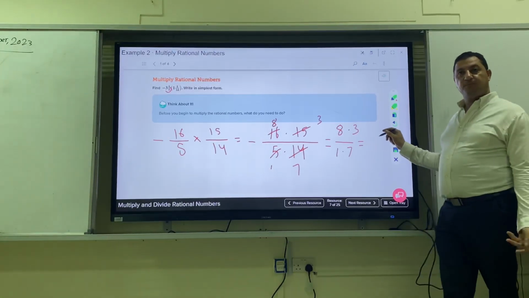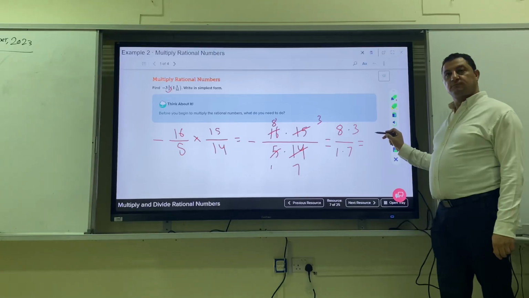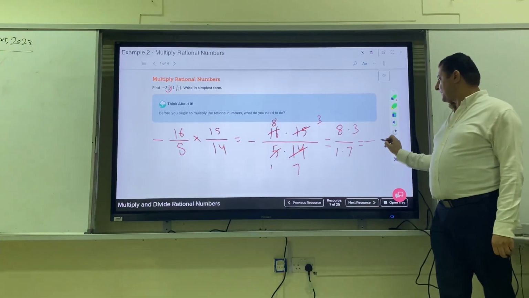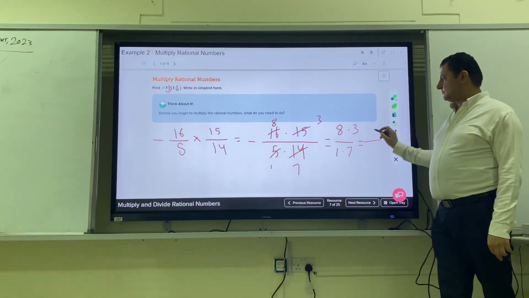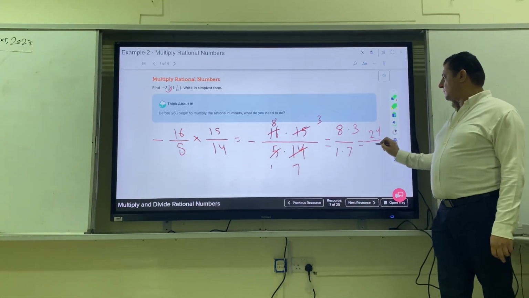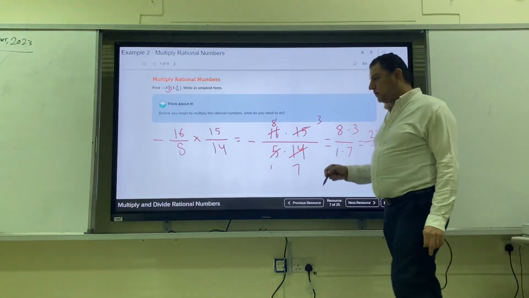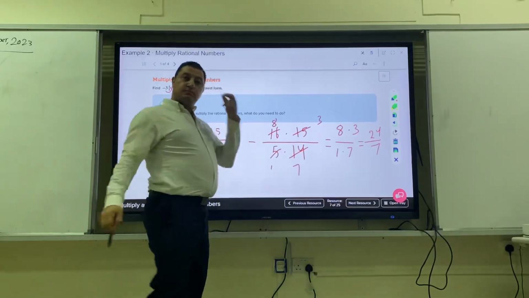8 times 3 is 24, so 24 over 7. This is an improper fraction. Can I write it as a mixed number?